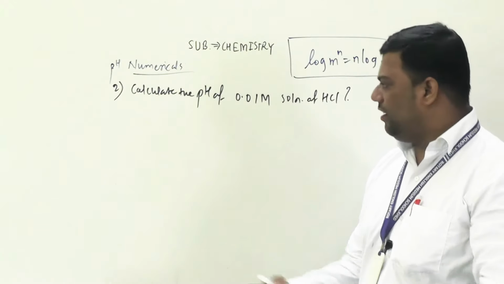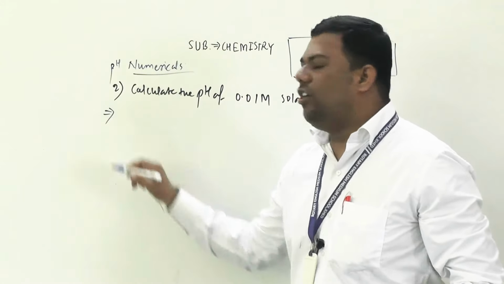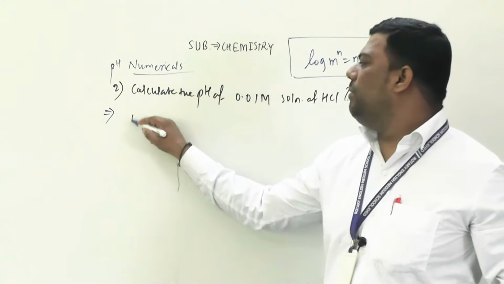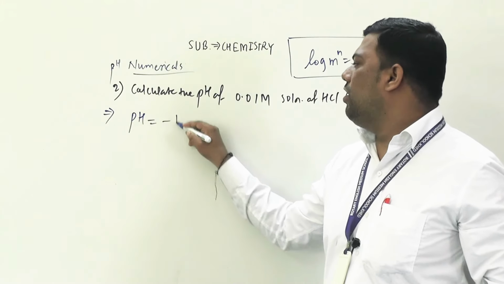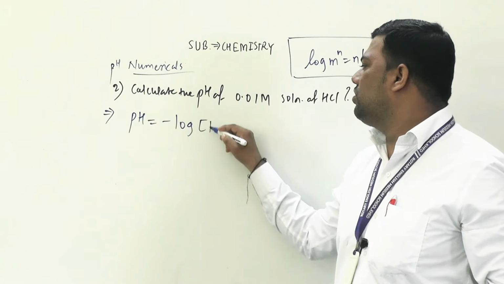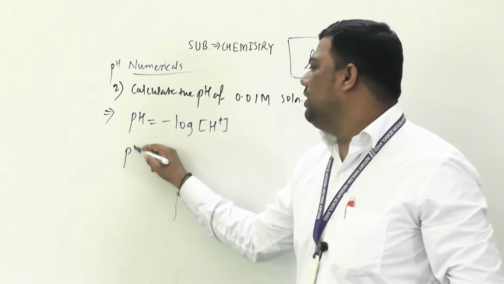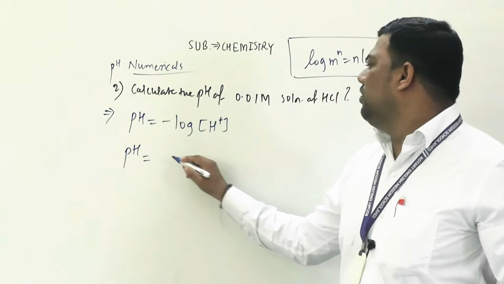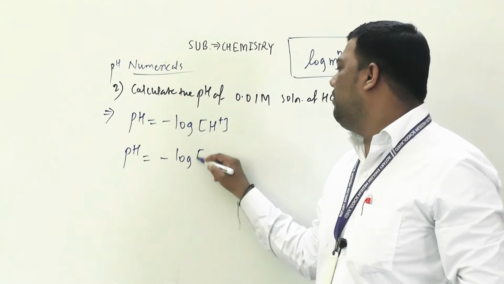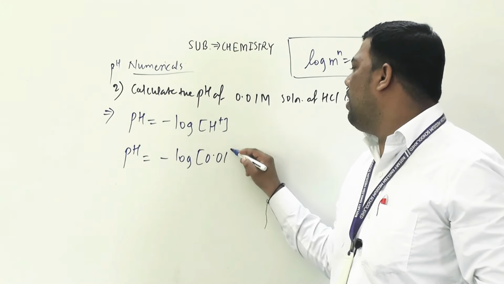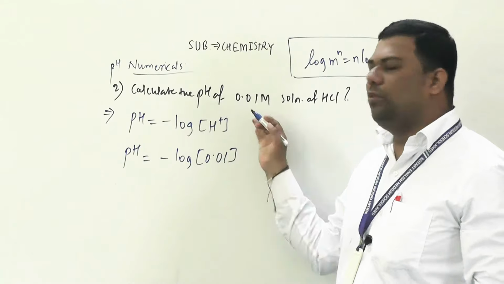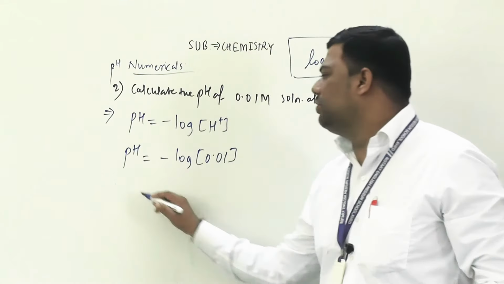Then, without wasting time, write the formula: pH is equal to the negative logarithm of the concentration of H plus ions. So pH is equal to negative logarithm of 0.01. 0.01 means 10 raised to minus 2.